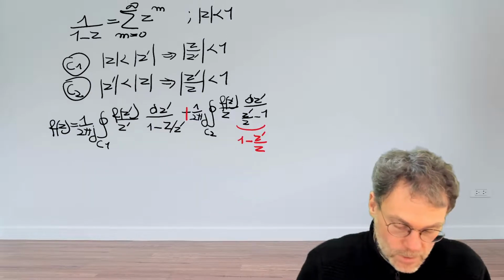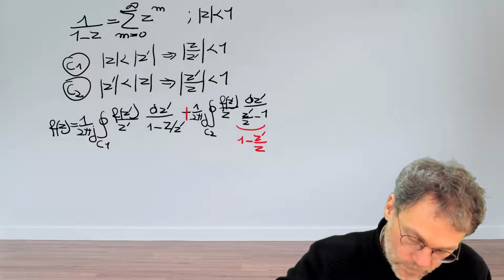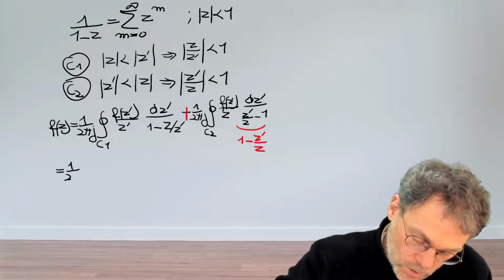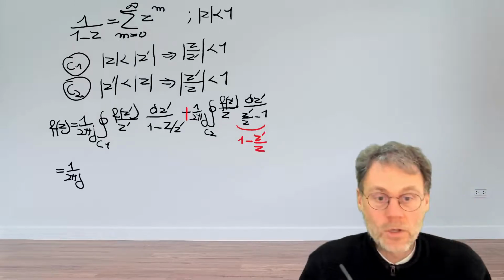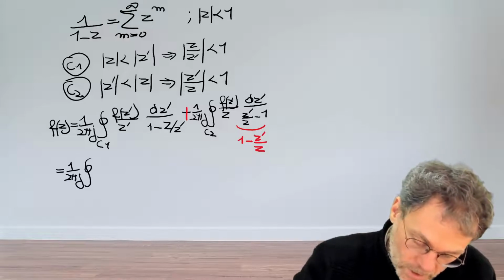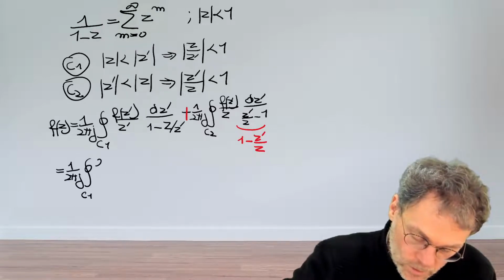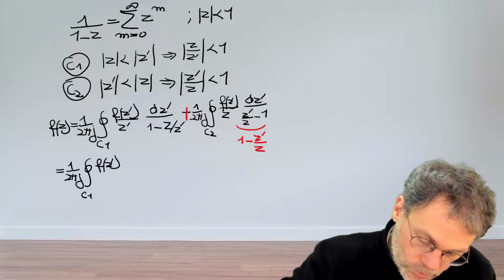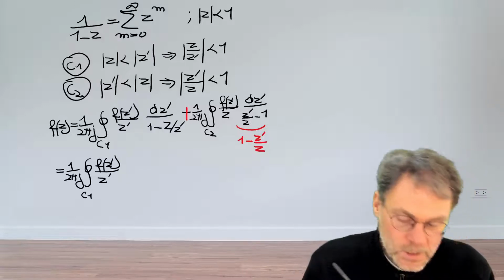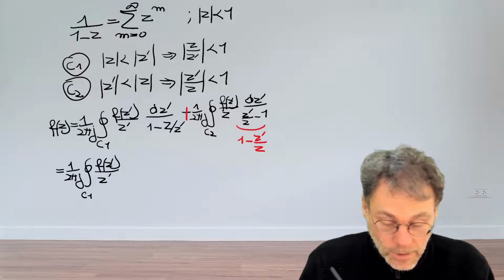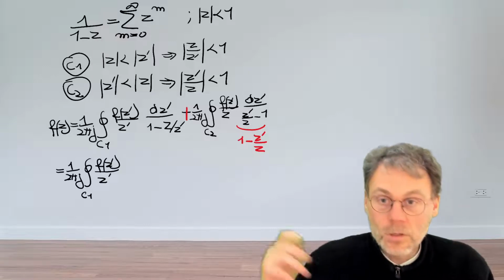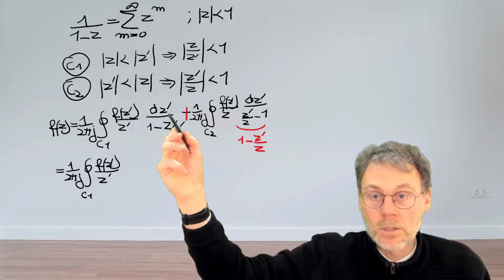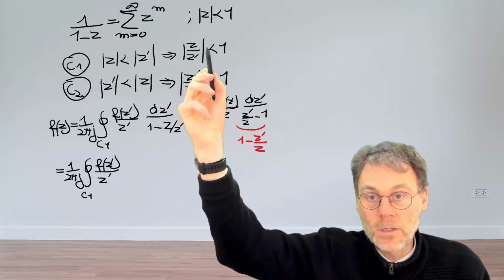So let's do that. Let's now write that our f of z is equal to 1 over 2 pi j, and then we have the integral over C1 of f of z prime over z prime. And then now we have our series expansion. So we have 1 over 1 minus something, and the something is smaller than 1.